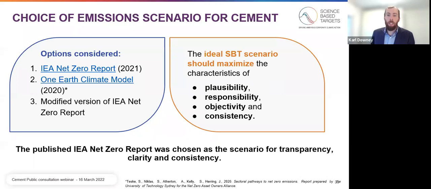And the third one, which we discussed, was modifying the data in the IEA Net Zero report for a few reasons, for example, to make emissions reductions in the near term even more ambitious. In the end, we've decided to go for the published version of the IEA Net Zero report, as that offers the most transparency, clarity, and consistency with other work.